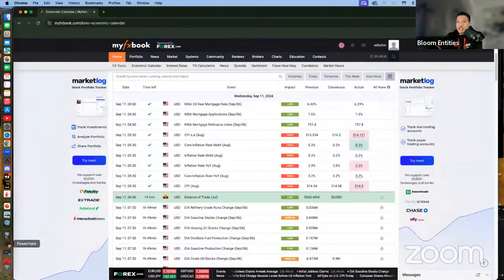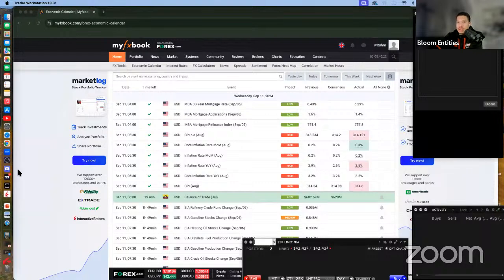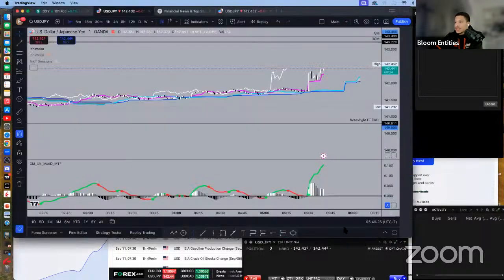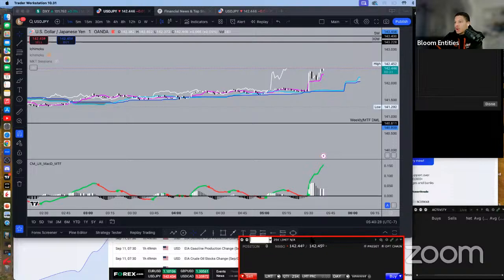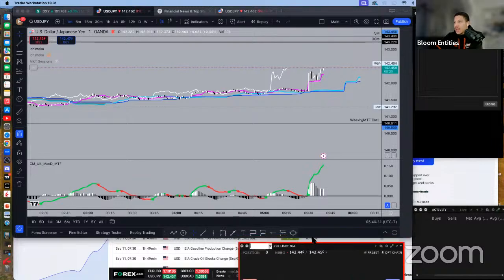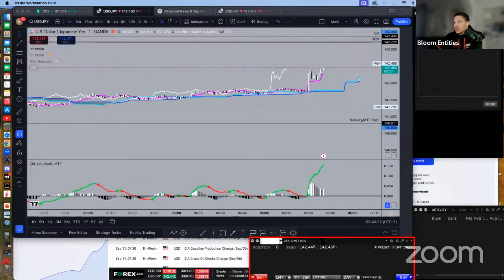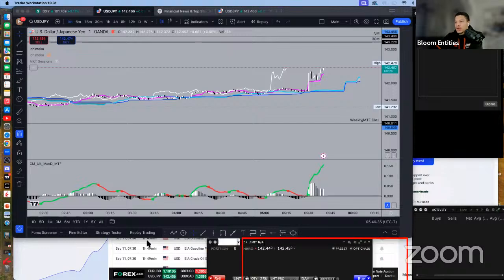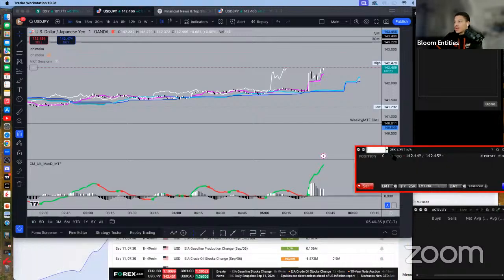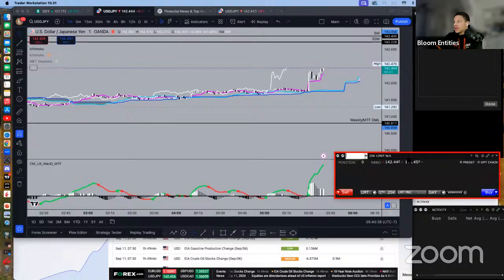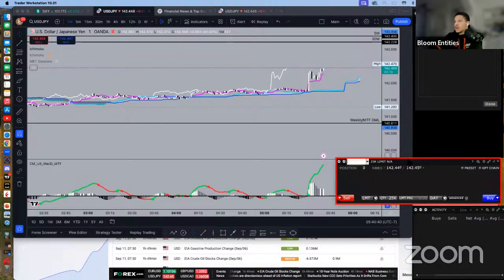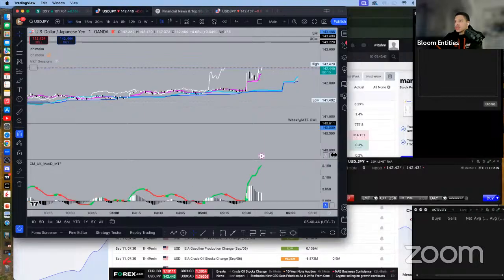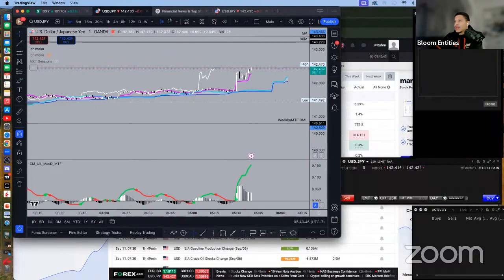In terms of my chart, what you can do is take off parts of your Interactive Brokers account. That is what I have done here, except I don't want to put it there. I'll have to do this. I don't want to do that either.